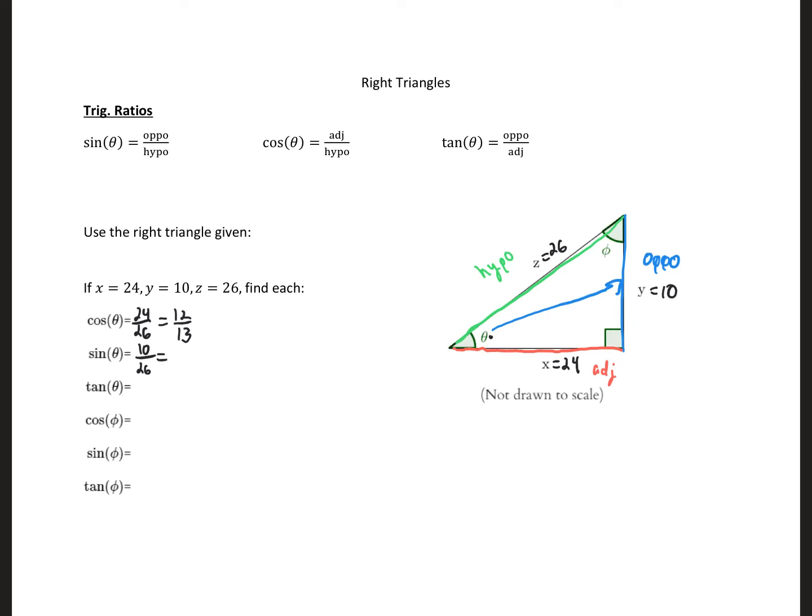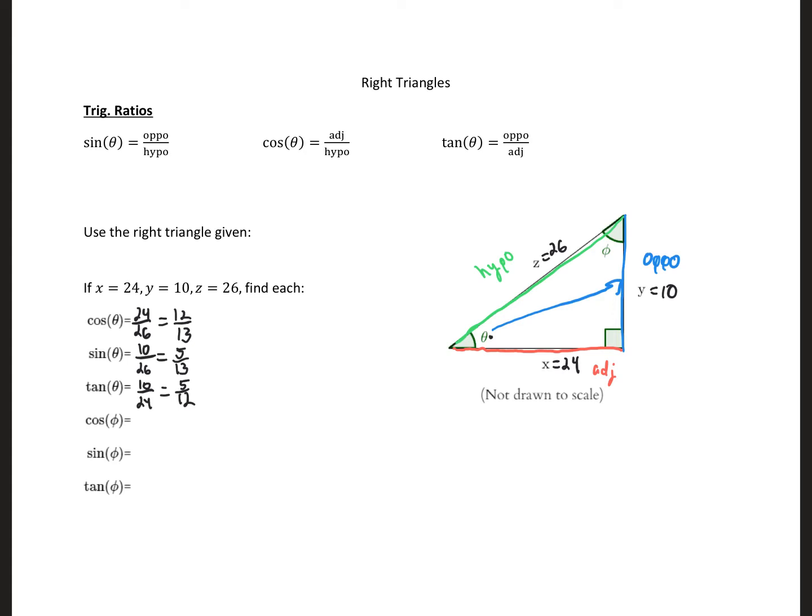Again, that can reduce. 10 over 26 would reduce to 5 over 13. Tangent of theta is the opposite side over the adjacent. The opposite side is 10, and the adjacent side is 24. Again, those are both even. We can divide those by 2. This would reduce to 5 over 12.